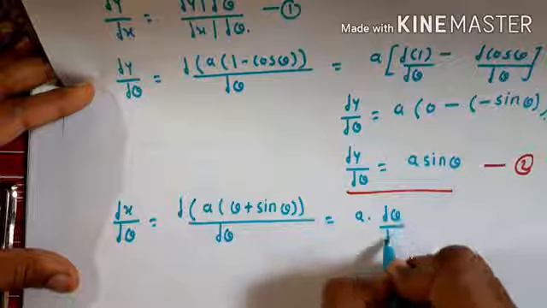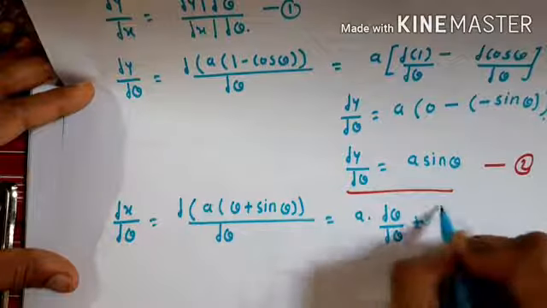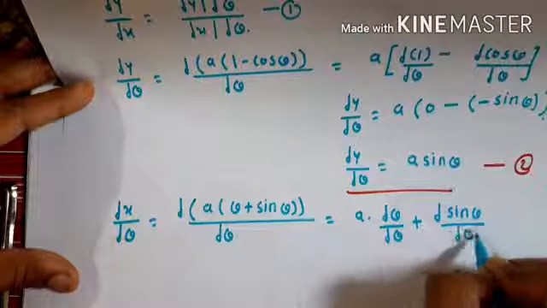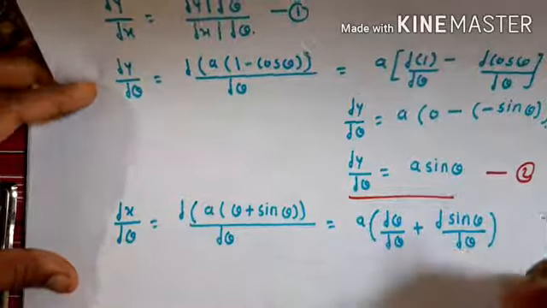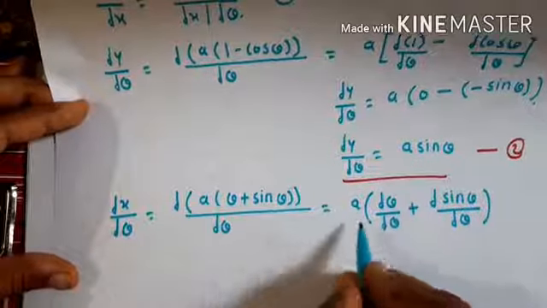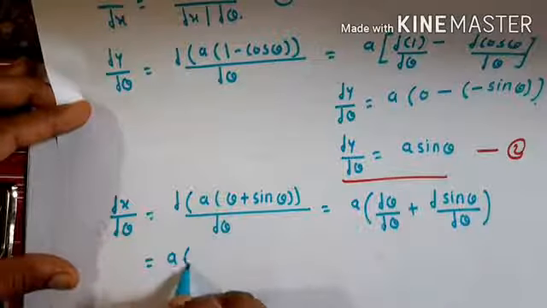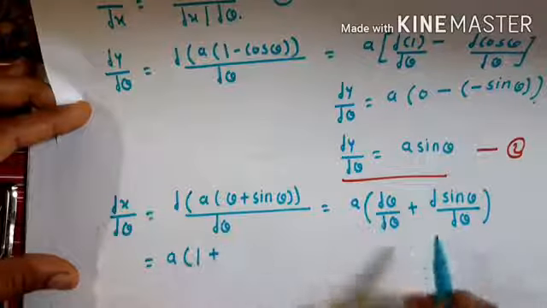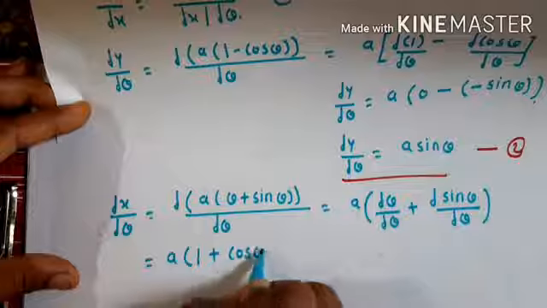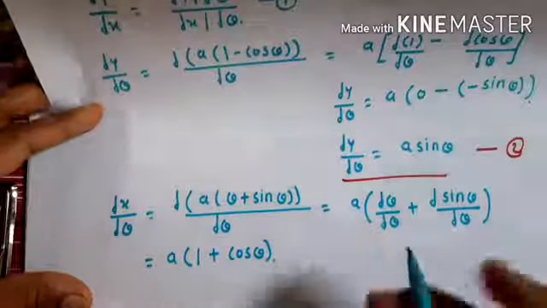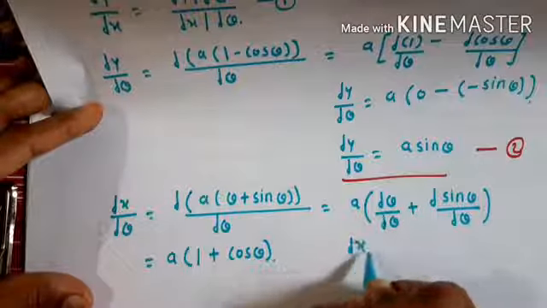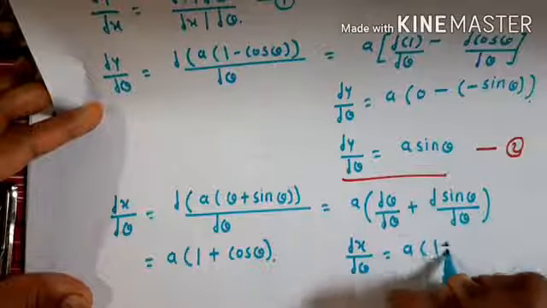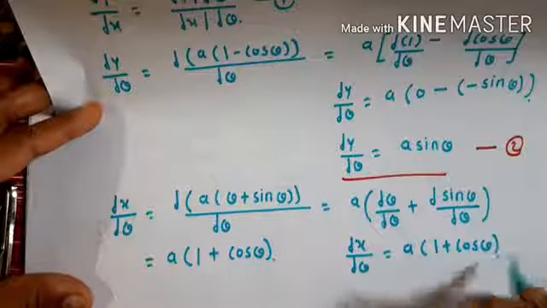Differentiation of theta with respect to theta plus differentiation of sine theta with respect to theta. So here a is constant, differentiation of theta with respect to theta is 1, and differentiation of sine theta with respect to theta is cos theta. Okay, and hence dx by d theta equal to a into 1 plus cos of theta.